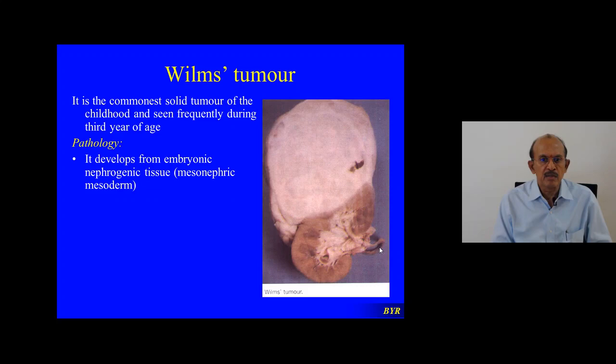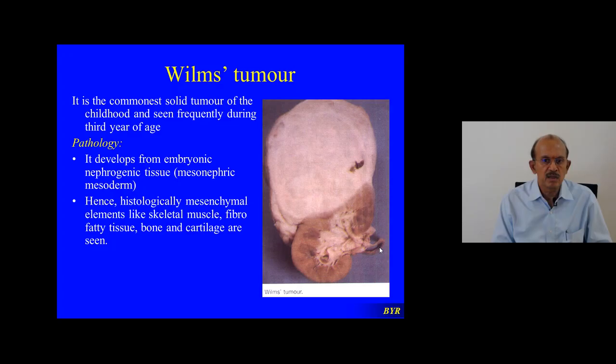Sometimes the mesonephric mesoderm cells may remain in the kidney without getting differentiated. So these embryonal cells can develop into a neoplasm. That is called the Wilms tumor. Hence, histologically, mesenchymal elements are seen, as there is a blastoma.